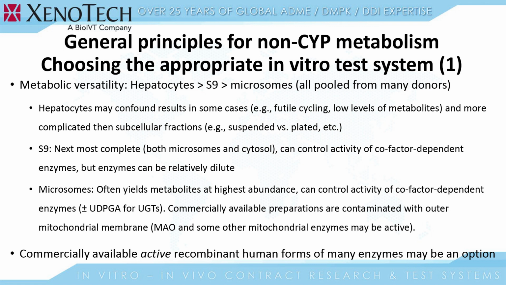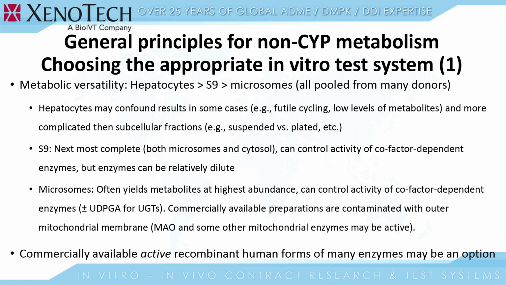In hepatocytes, you can also have low levels of metabolites that just aren't able to be detected. And also, hepatocytes are just more complicated than subcellular fractions. Not only do you have to choose between suspended versus plated versus cryopreserved versus fresh, there are more choices that need to be decided upon up front when designing the experiment.